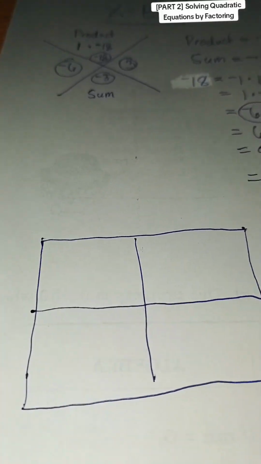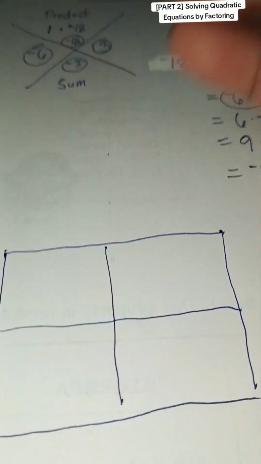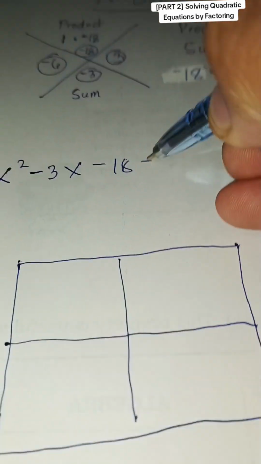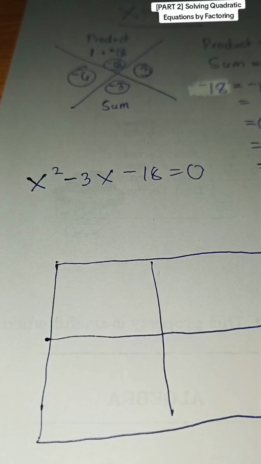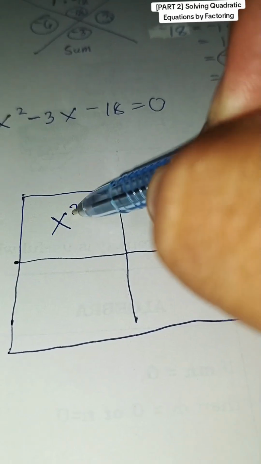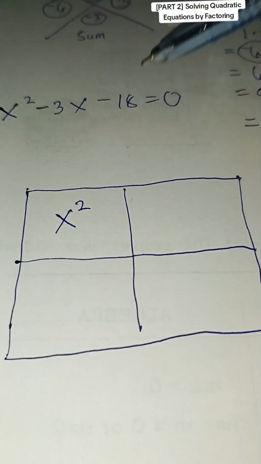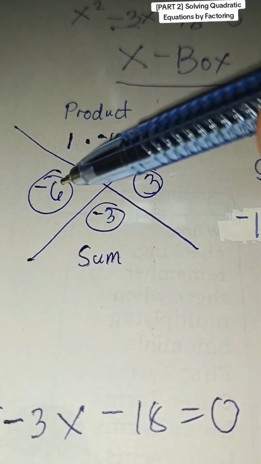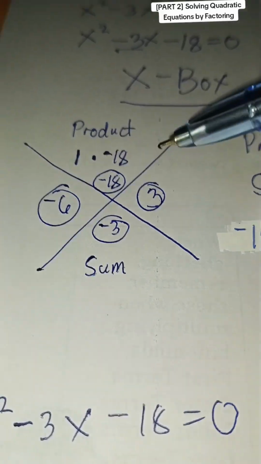So, ang first term, so atong isuwat sa balik no, ang equation niya, x squared minus 3x minus 18 equals 0. So, ang first term niya is x squared. So, aray na tagbutang sa first box. Ang fourth box, ang kaning constant which is negative 18. So, kaning negative 6 and 3 sa second and third.